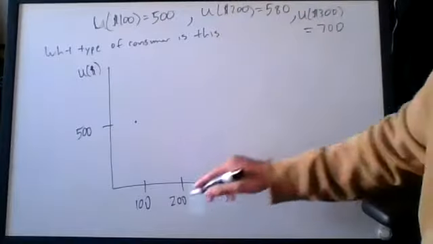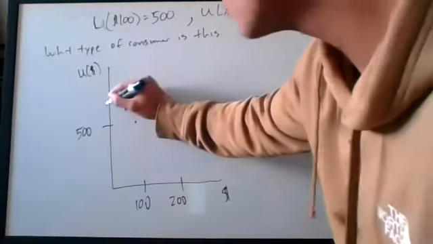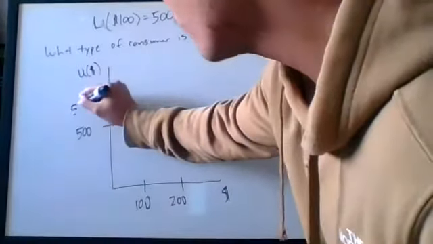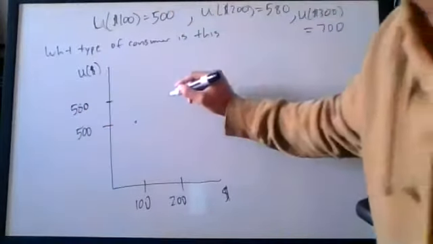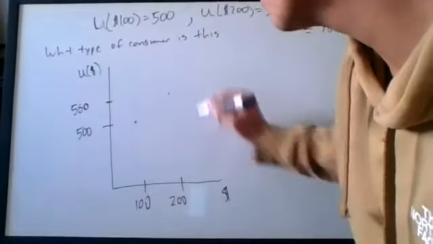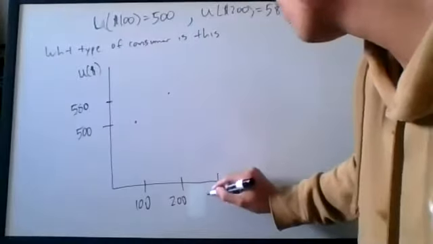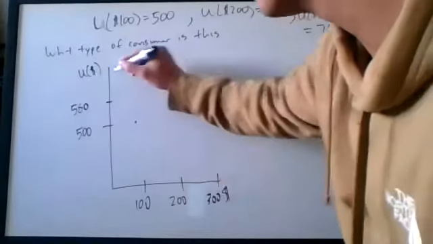We have that $200 of wealth produces 580, so we have something that looks like this. And we have that $300 of wealth produces 700.